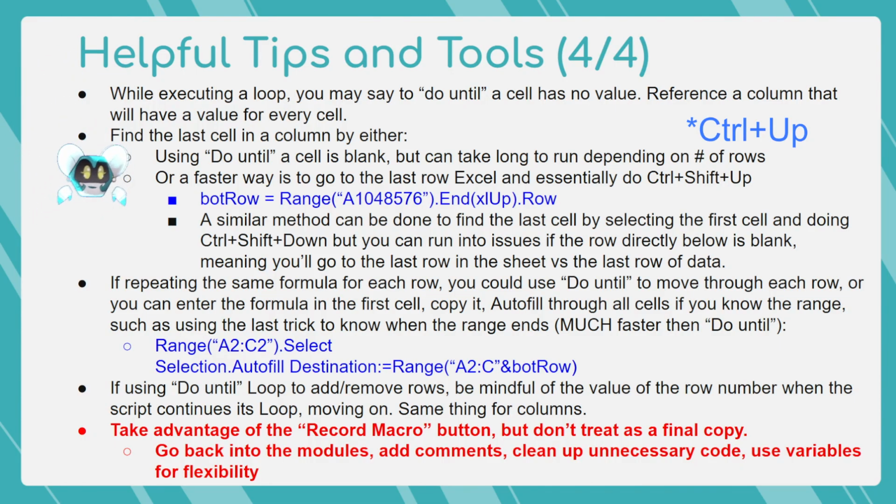There are a couple ways to find the last cell in a column. You could use do until to find the last row that has data, but that can take a while if you have a lot of data. You can instead make a new variable.